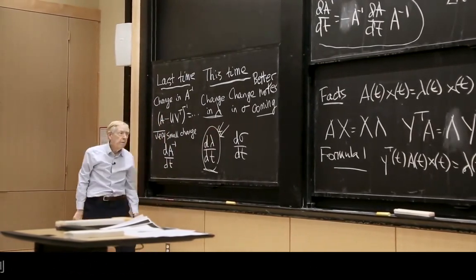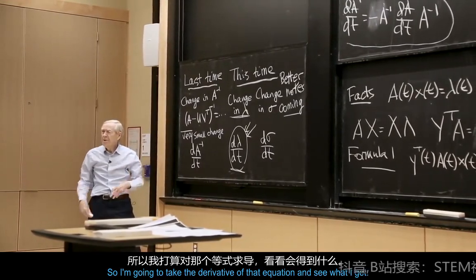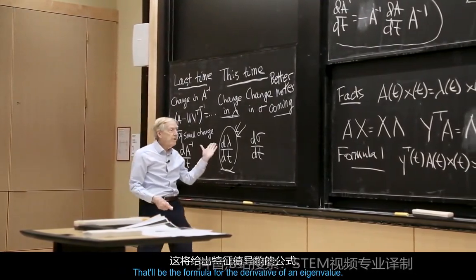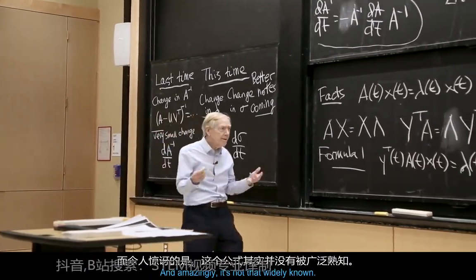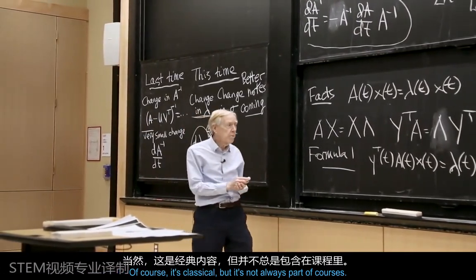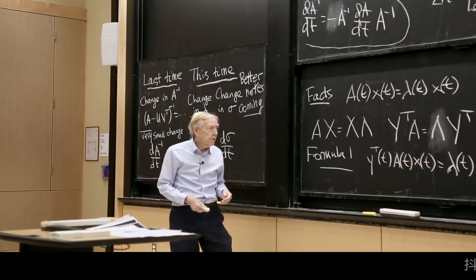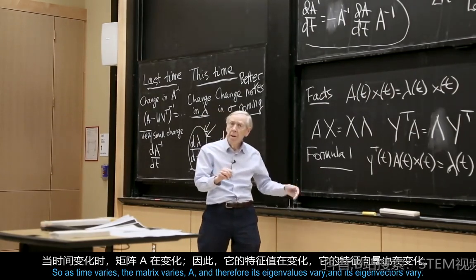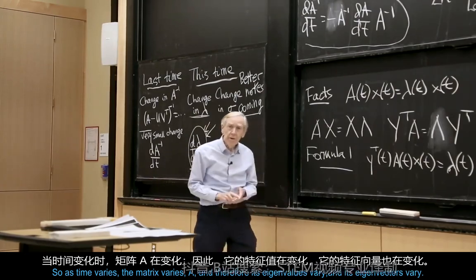the derivative. I'm going to take the derivative of that equation and see what I get. That'll be the formula for the derivative of an eigenvalue. And it's amazing, it's not that widely known. Of course, it's classical, but it's not always part of courses. As time varies, the matrix A varies, and therefore its eigenvalues vary, and its eigenvectors vary.